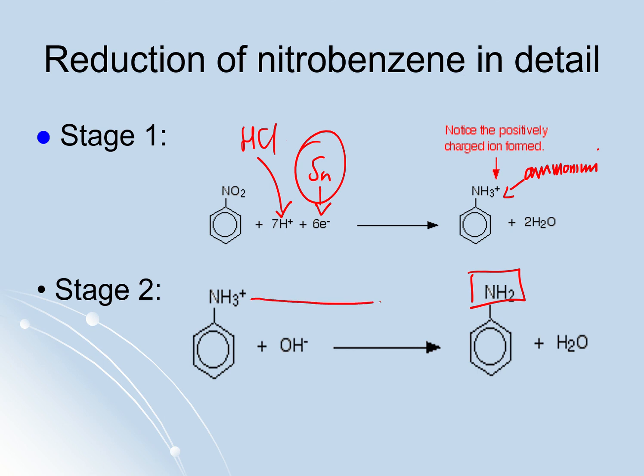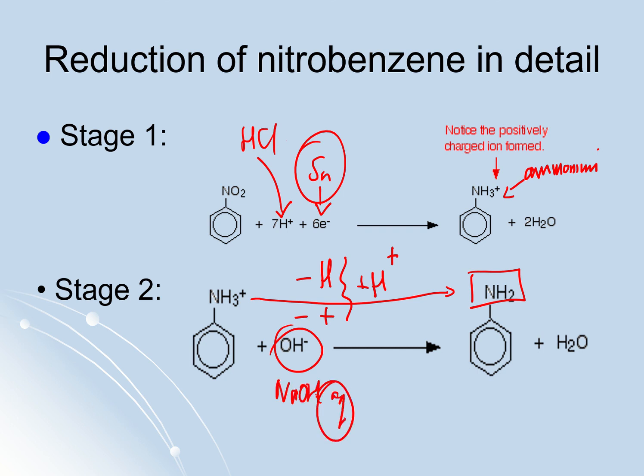In order to go from there to there, you've probably realized I've got to remove a hydrogen and a plus charge, so in other words I've got to remove an H+. How do I get H+ removed? I use alkali. Alkalis are proton acceptors. So the OH- ion, probably from a source like sodium hydroxide, takes the H+ off and forms water, and I'm left with my phenylamine or aminobenzene.